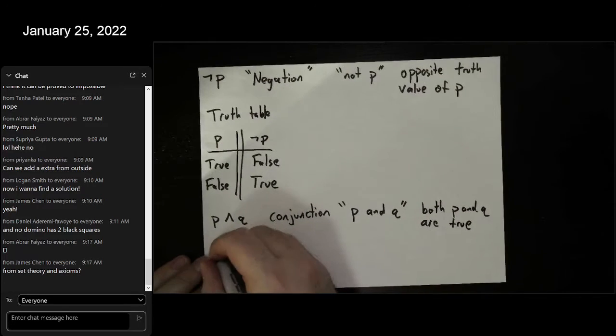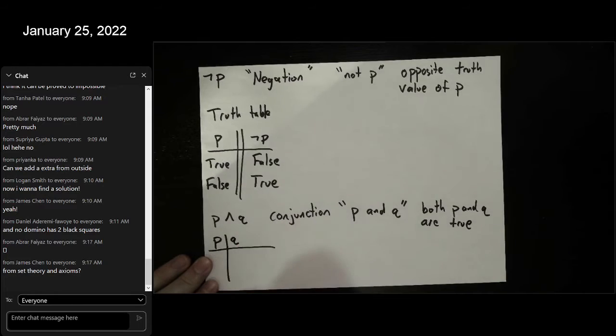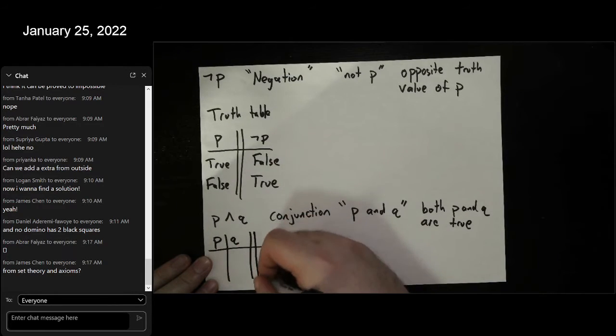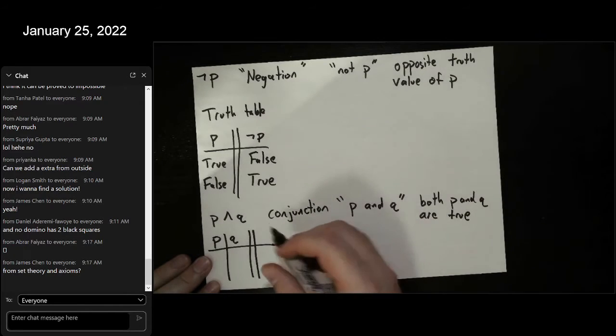So again, I can make a truth table. This one has two variables, which I separate with a single line, and then my double line for my proposition, P and Q.